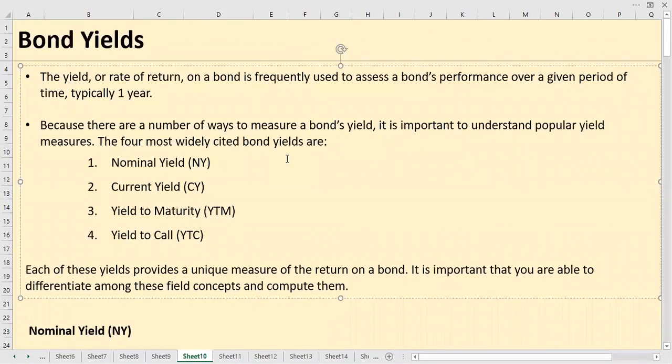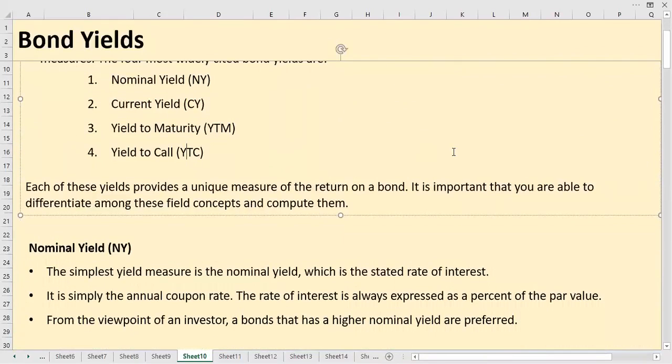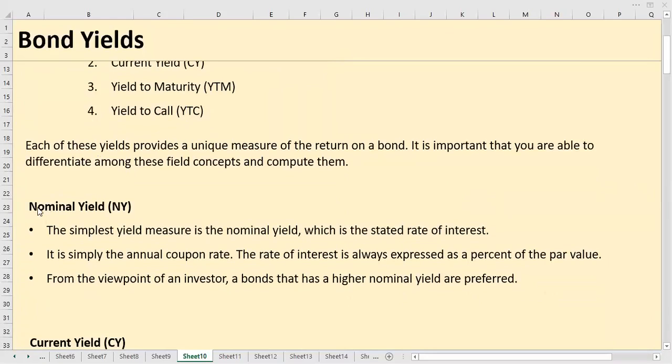So first, I am going to discuss nominal yield. Actually, this is a very easy thing. We don't have to calculate anything. This is the simplest measure of the yield or the return of the bond.